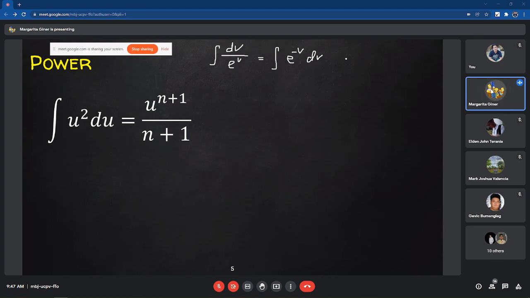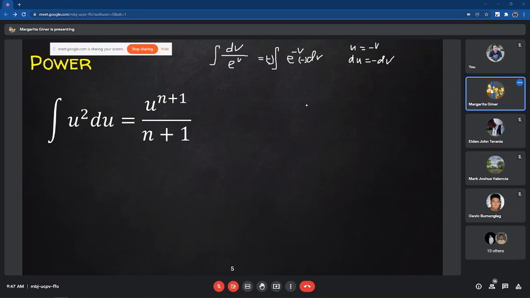Now, what is the value of your u? The value of your u is equal to negative v. So, your du is equal to negative dv. And then you also need to multiply by negative.